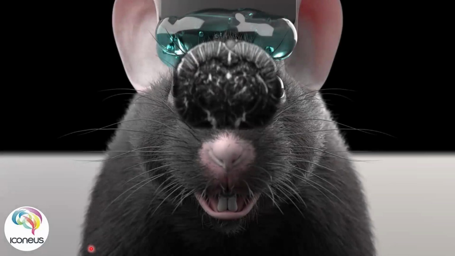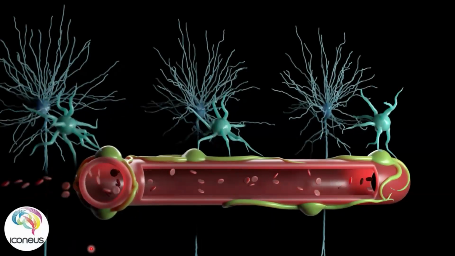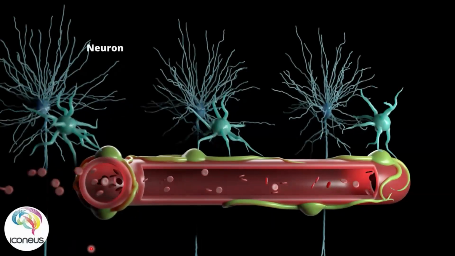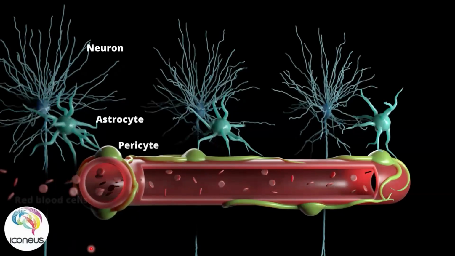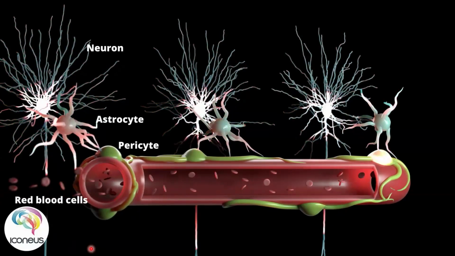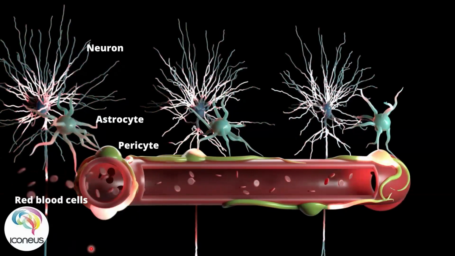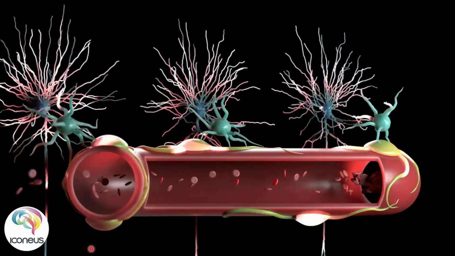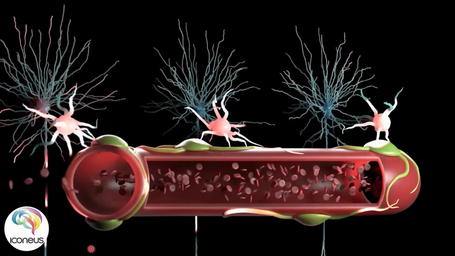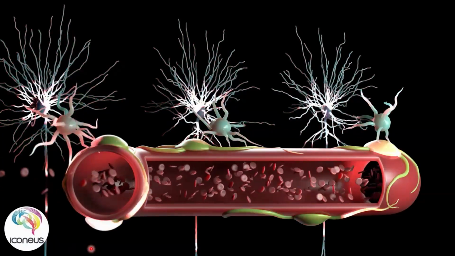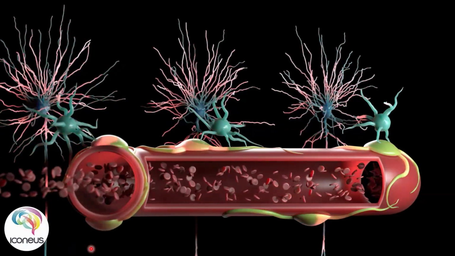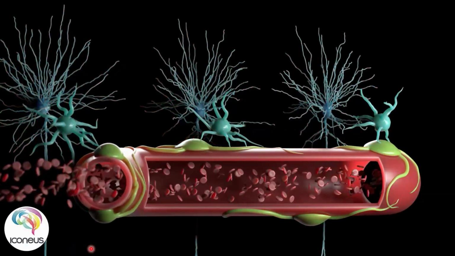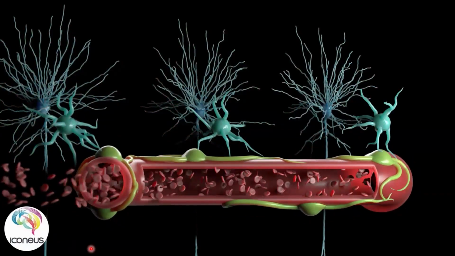So we have to start by saying that the brain metabolic demand, as you know, is met by the vascular system, where blood vessels supply neurons with nutrients to sustain their activity. So as you can see in the video, when neurons fire, the blood vessels vasodilate to allow more blood and nutrients to flow. This process is called neurovascular coupling and results in a local increase in cerebral blood volume when neurons are firing.